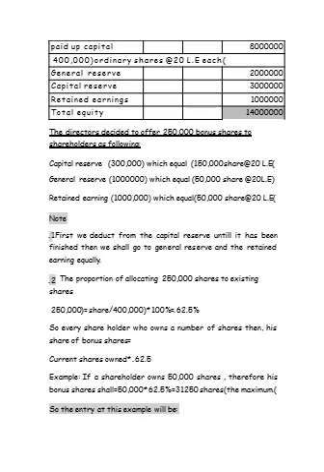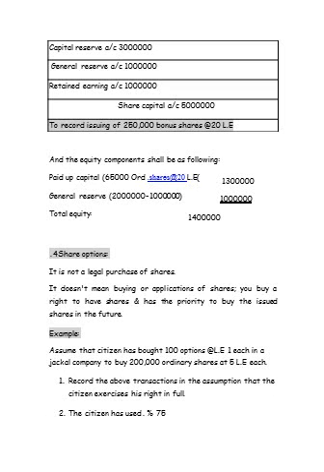The entry of this example will be as follows. Here we shall have capital reserve debited with 300,000, general reserve with 1 million, retained earnings with 1 million, and the total of them is credited to share capital ordinary 5 million.